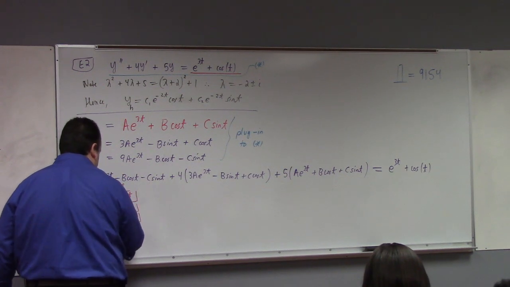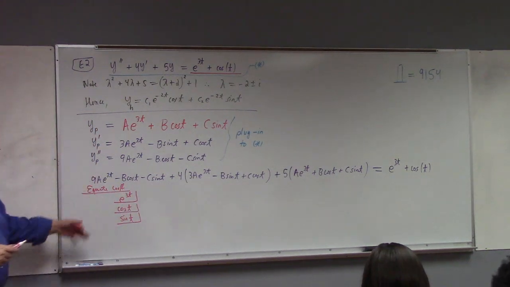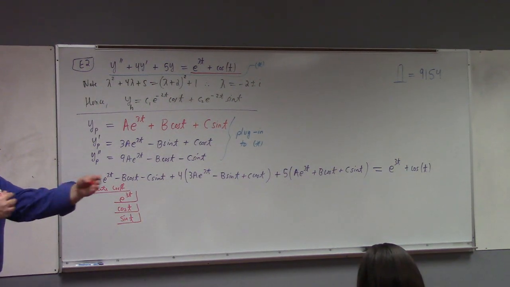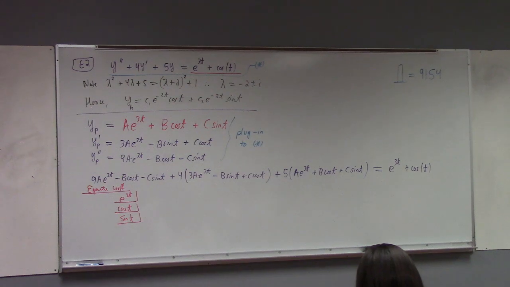These functions are linearly independent. We could prove that, but I really don't want to. But trust me, they are linearly independent, and one of the quintessential features of a linearly independent set of vectors is that if you have an equation, you can equate the coefficients of those pieces.